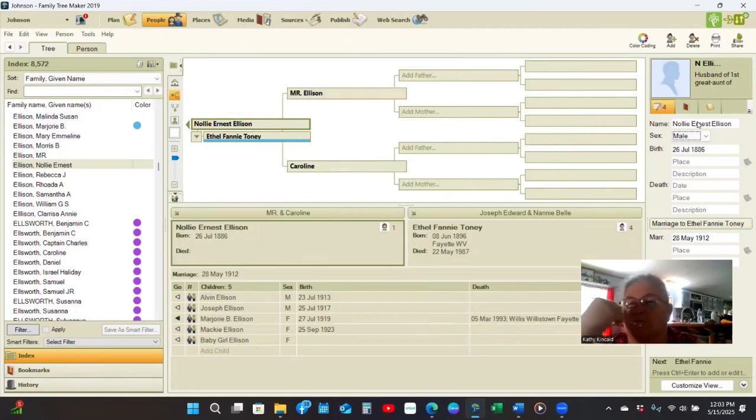I know it probably is not as interesting to you all to find this information out as it is to me, but it's interesting to me. I would love to have every single line that I'm working on filled in with the most correct information that there is available.